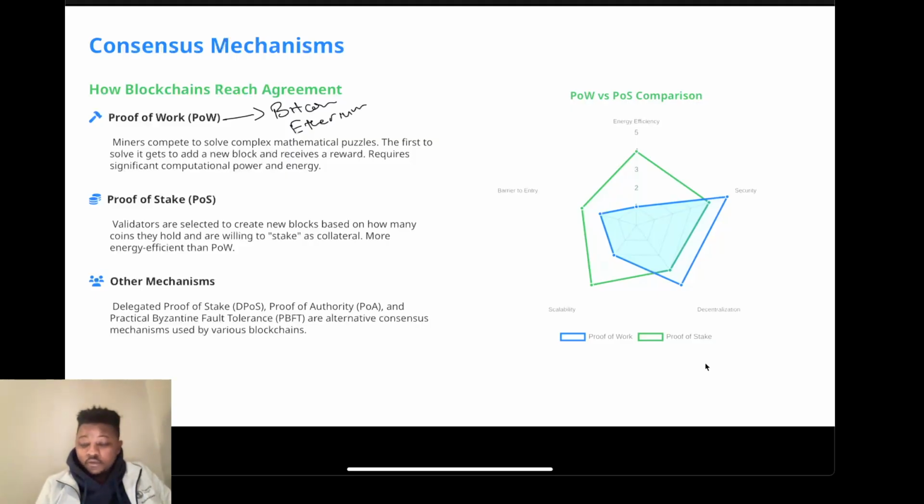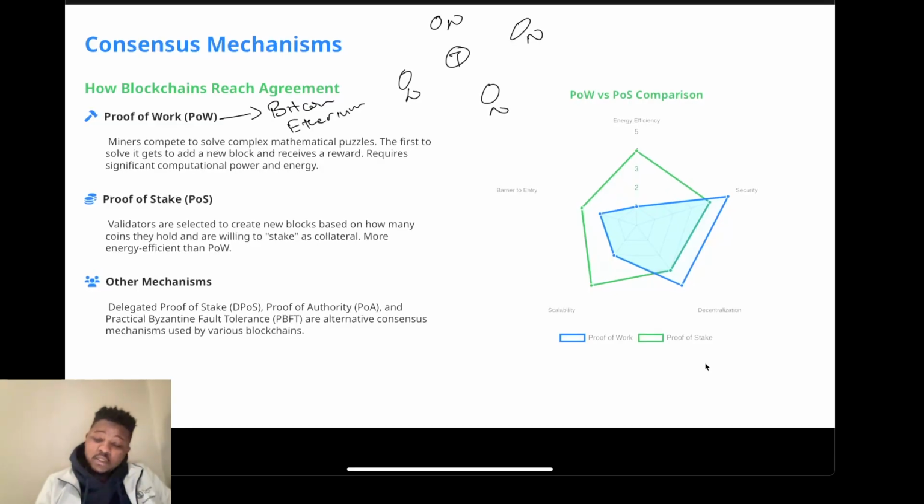So you remember those nodes that we used to have, right? This is the transaction pool, and these are nodes. The way these nodes reach a consensus after verifying is that the miners compete to solve a complex mathematical puzzle.